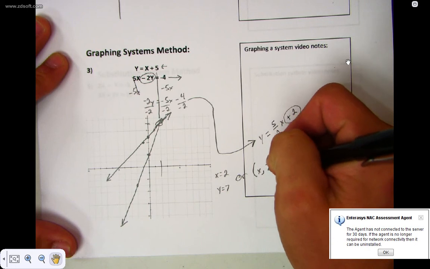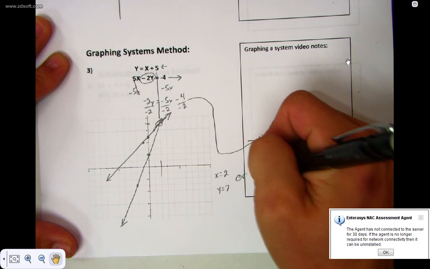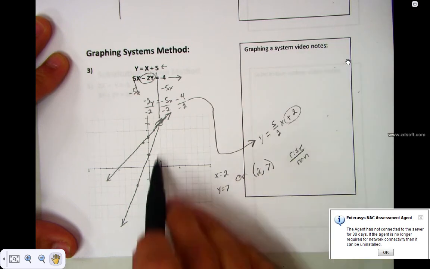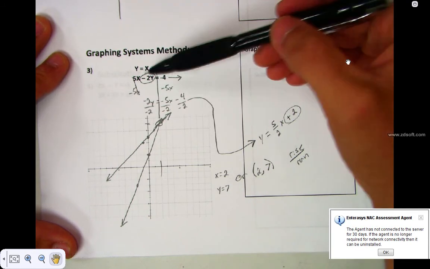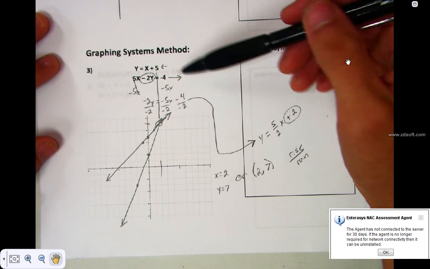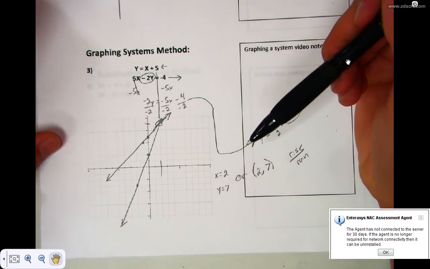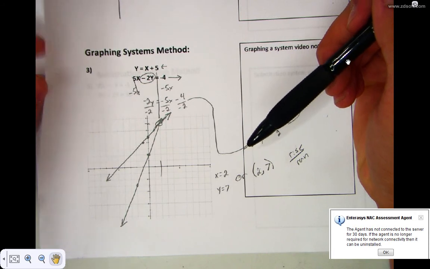Oops, sorry, that's supposed to be a 2. 2, 7, right? Over 2, up 7. That's where they intersect. That's the solution. If you plugged in 2 and 7 as x and y here, that should be the solution that satisfies both equations. Alright, so you can go ahead and pause the video and try your own. I'm going to move on. Here we go.